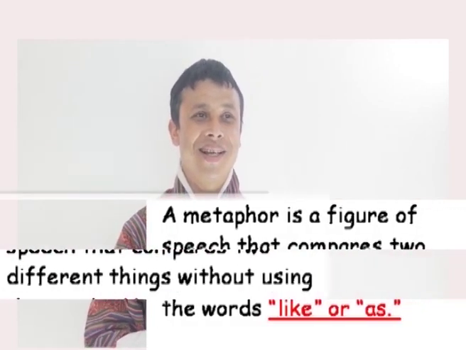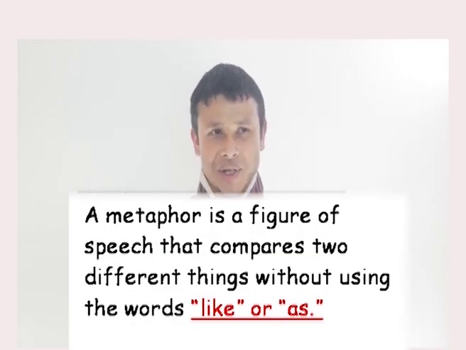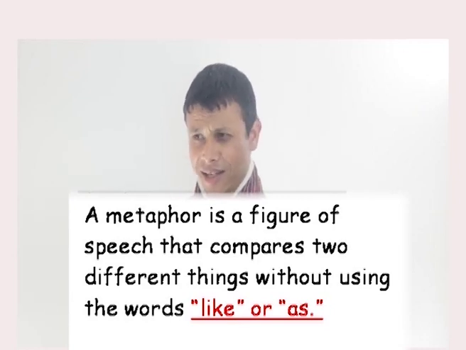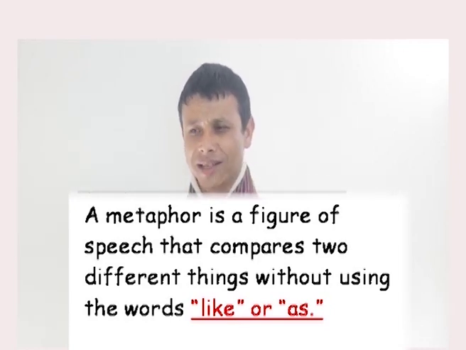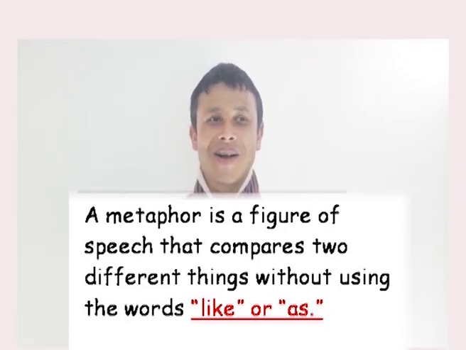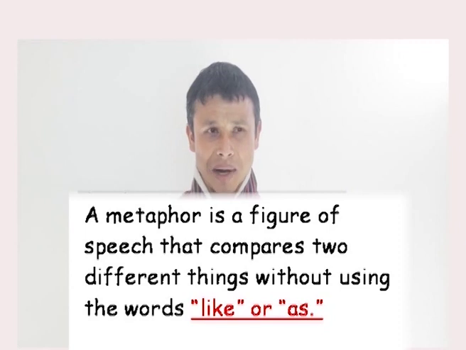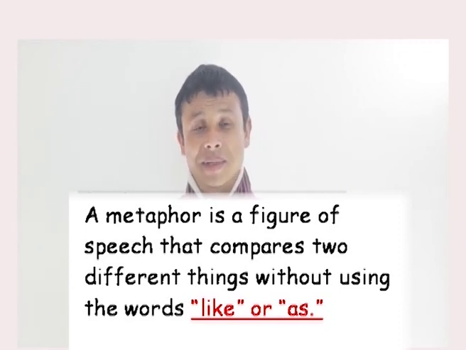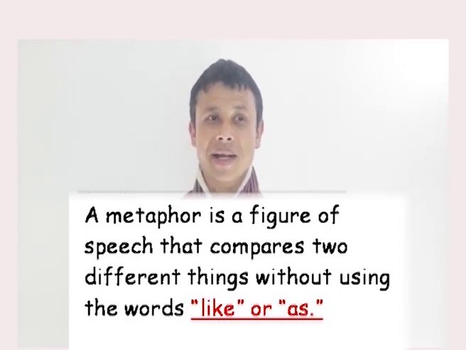Now let us define metaphor. A metaphor is a figure of speech that compares two different things without using the words like or as. And the purpose is to help describe one thing by comparing it to another thing.